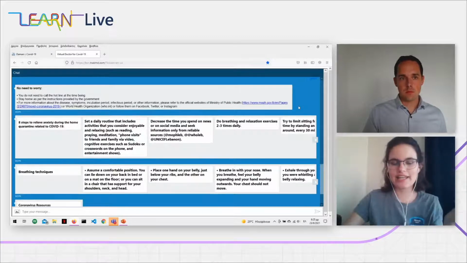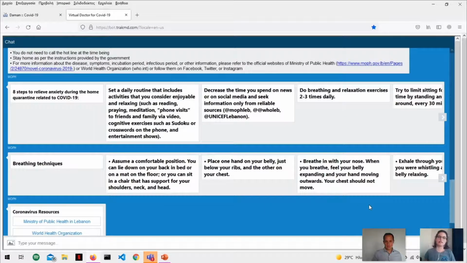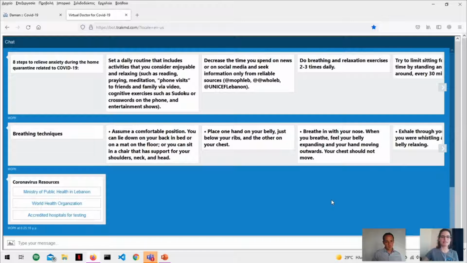And lastly, something very interesting that the team behind the bot has created is that there are, as you can see here, some tips and some steps to relieve anxiety during the home quarantine related to COVID-19, and some breathing techniques, for example, because mental health is incredibly important during this period of time.